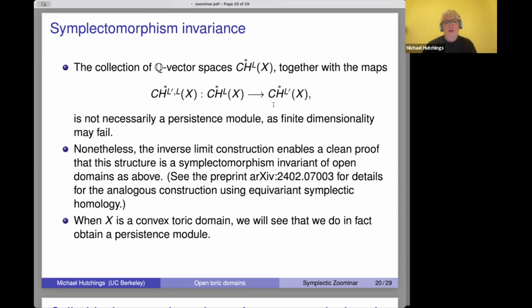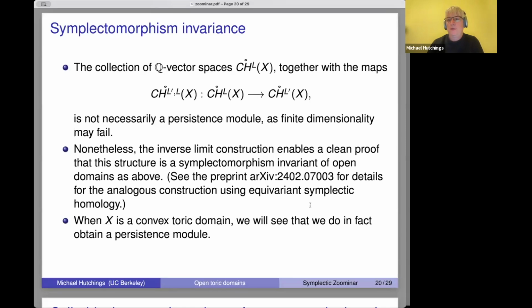Although we will see that it is a persistence module in the case of a convex toric domain. And the inverse limit construction gives a very clean proof that this is symplectomorphism invariant. This is explained in my recent paper where I used this to define zeta functions.